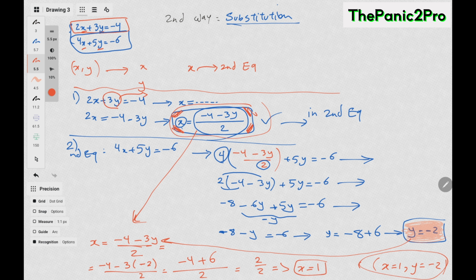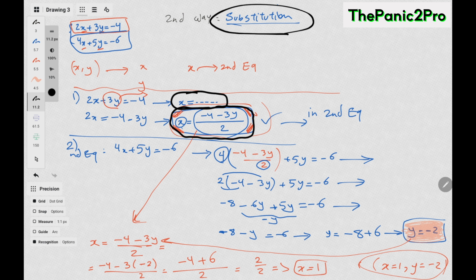What was the way? Substitution. So let's go over what we did. In substitution, we're trying to get x in a way which tells us x equals something without x, right? Here x equals minus 4 minus 3y over 2.